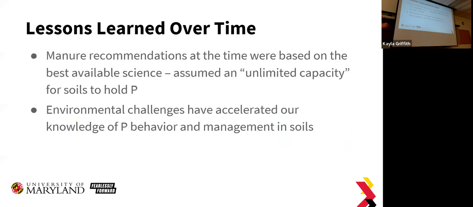So at the time when folks were putting down a lot of these manure recommendations, they were following the recommendations at the time. We didn't know the whole cup analogy, all right? So our recommendations were, yeah, use manure, it's a great source, and use it to provide all the nitrogen to your crop, okay?